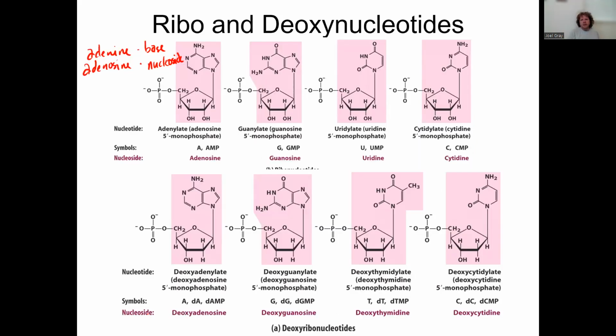So if I had dATP, the name that I'm going to use for dATP is deoxyadenosine 5' triphosphate.